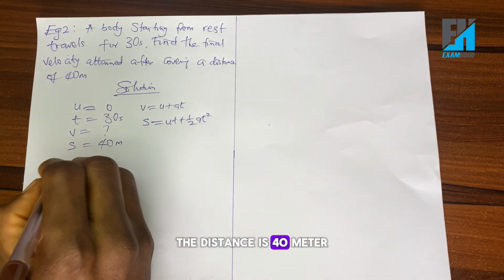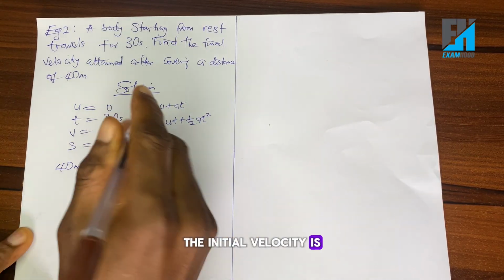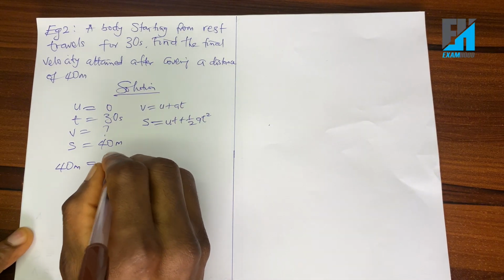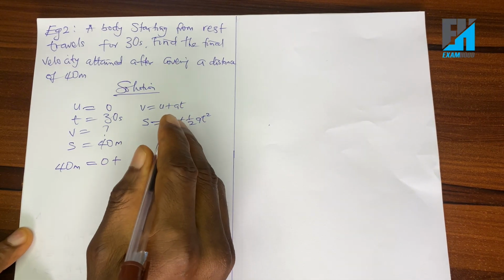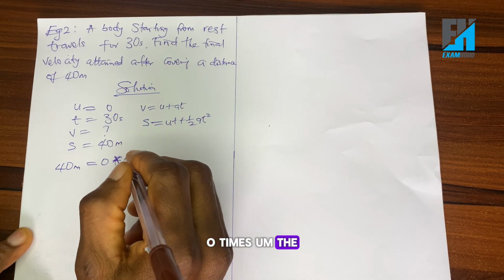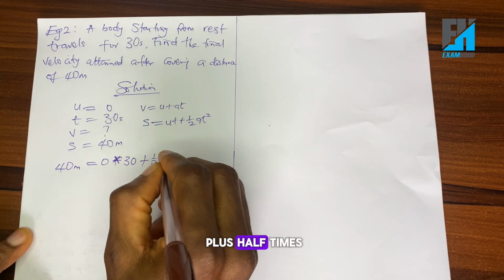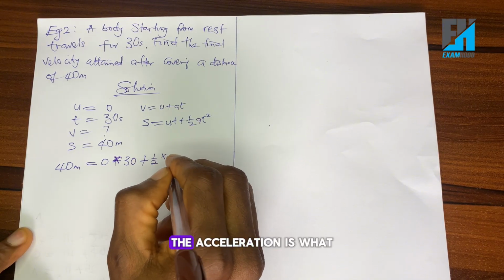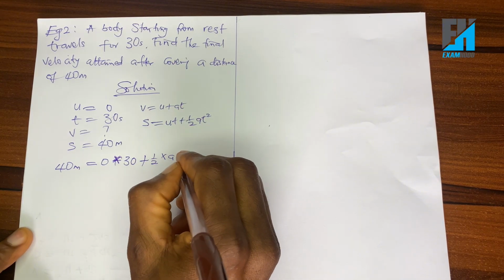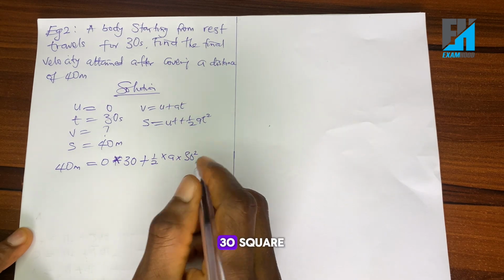So let's find the acceleration. The distance is 40 meters. The initial velocity is 0 times the time, which is 30 seconds, plus half times the acceleration, which is what we are looking for, times the time, 30 squared.